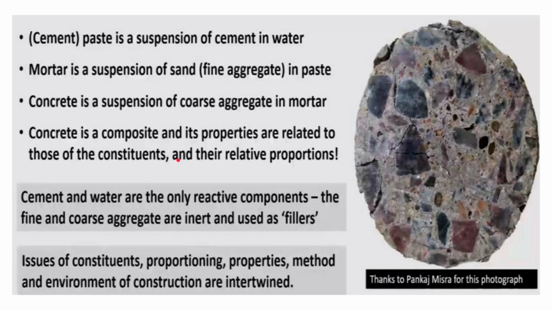What we also learned was that the main reactive components, the hydration reactions, happen due to the cement and water constituents, while fine and coarse aggregates are just inert particles used as fillers. Our motto is to find out the issues related to constituents, proportioning, properties, method, environment, construction, etc. As we all know, these properties are interrelated.